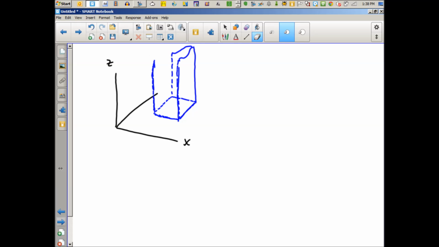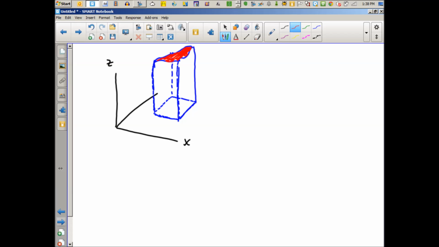Try to make a good drawing. I'm not an artist. So I'm going to color the top red, like that. What you're looking at is a surface, z, up here at the top.